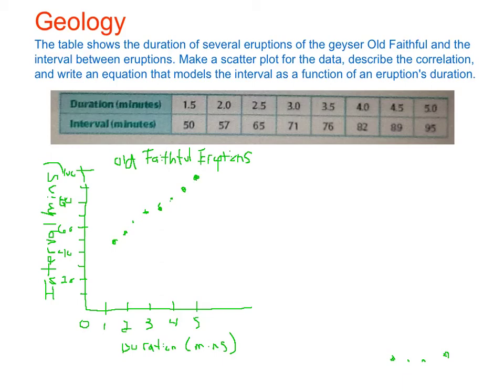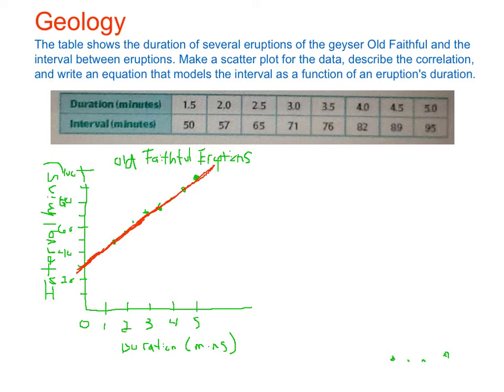Okay, so I got this scatter plot created. I'm gonna just sketch a line of best fit here because we can kind of see there's a general trend. I'm gonna try to draw a line that goes through most of the points. And a line of best fit's not exact. Alright, so we've done that. We want to describe the correlation.